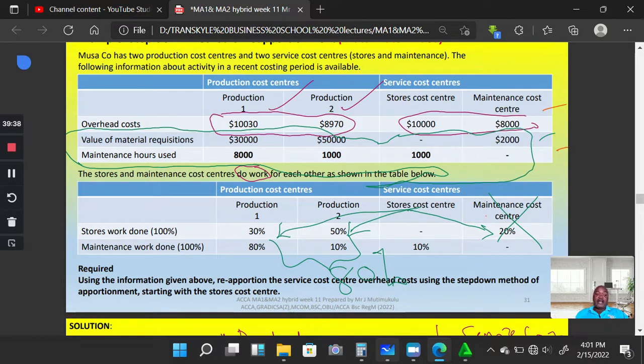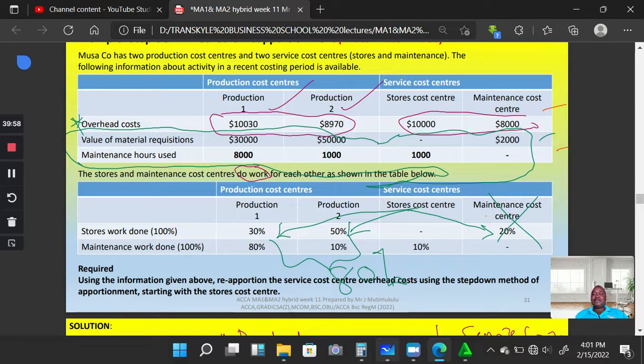We only worried about the overheads. So in the exam, the examiner might put a lot of figures just to dazzle you, but if you stand by your principle, you are not going to be lost. Apportionment is about overheads.